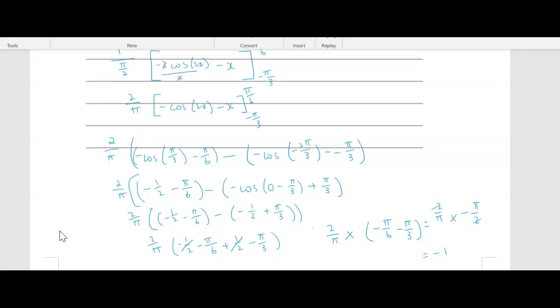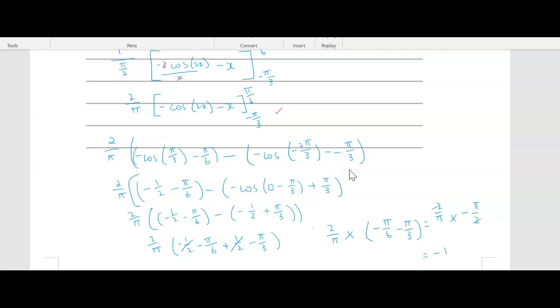Now, obviously you can't do this in an exam. And I probably wouldn't in an exam just because you're so short on time. But this is why it's important to take your time, and I thought I did. So this is correct. All right, let's go through my substitution. So 2 on pi, negative cos, so substituting in pi on 6 gives me pi on 3, minus pi on 6, awesome, minus negative cos minus 2 pi on 3, good, minus negative pi on 3.